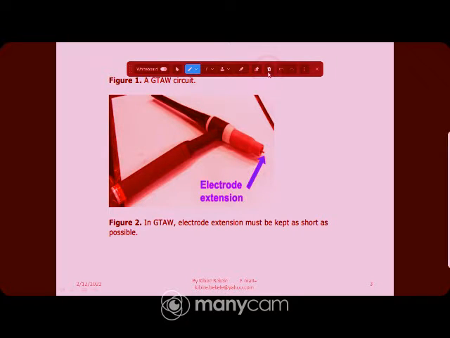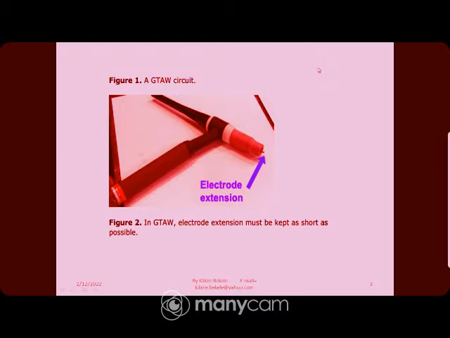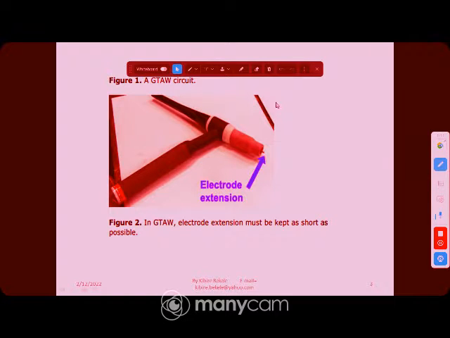By the way, the length of the electrode extension depends on different considerations. There is the accessibility. The important point in determining the electrode extension is the accessibility of the joint area. This is especially because of the size of the nozzle.